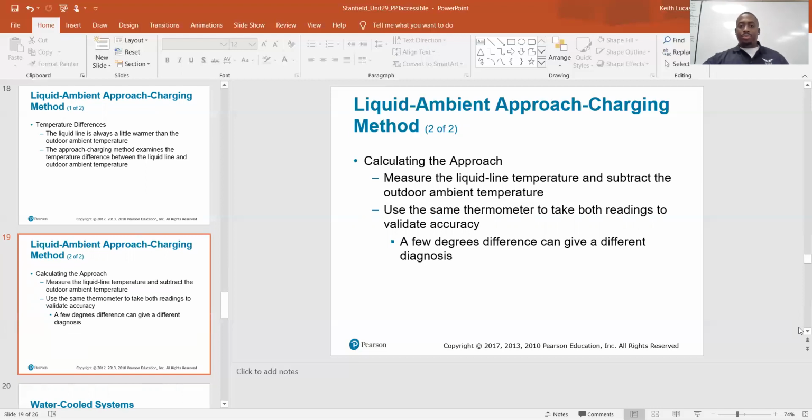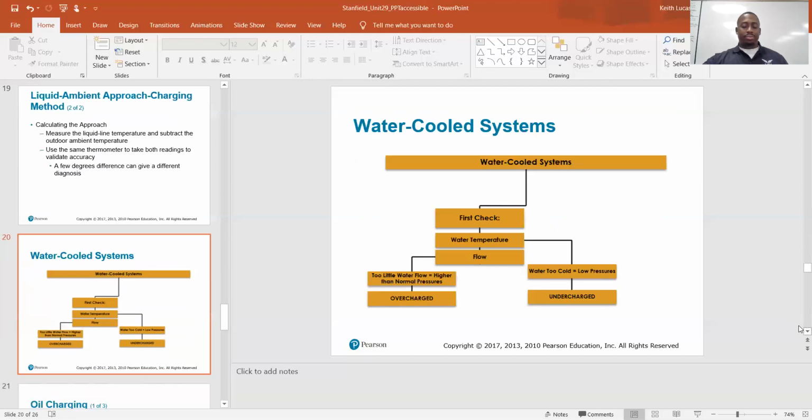Use the same thermometer to take both readings to validate accuracy. A few degrees difference can give a different diagnosis. I've had one thermocouple read one temperature and another one read differently. So when doing the approach method, definitely use the same thermometer.